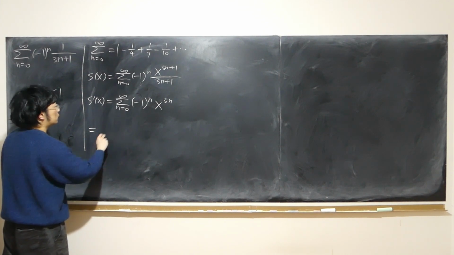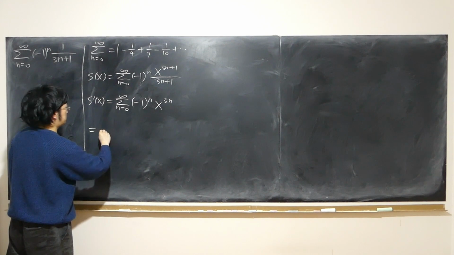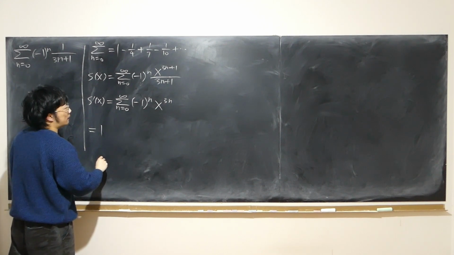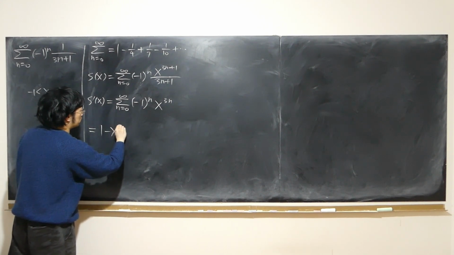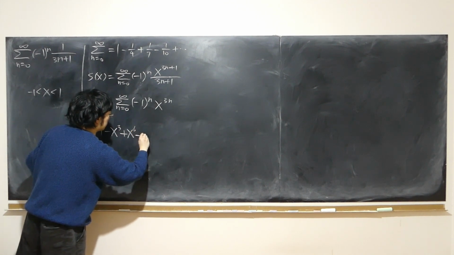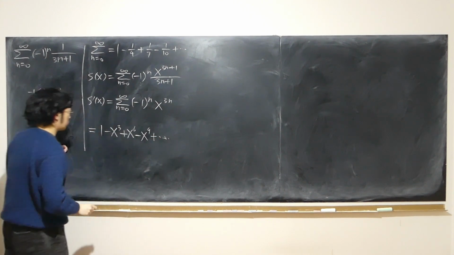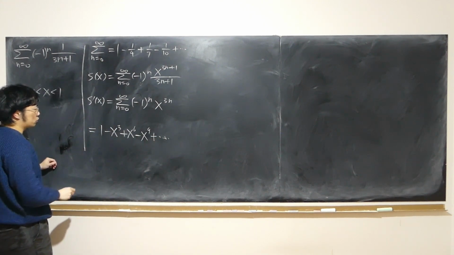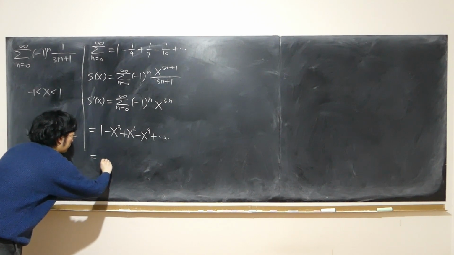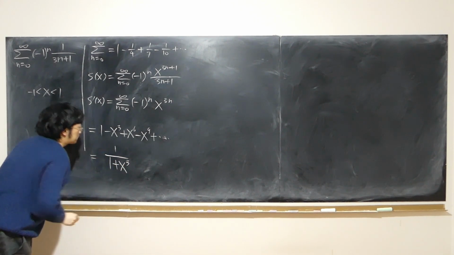The first term is 1, the second term is minus x cubed, and then we have plus x to the power of 6, minus x to the power of 9, and so on and so forth. The common ratio is just minus x cubed. So this is in fact 1 over 1 plus x cubed.